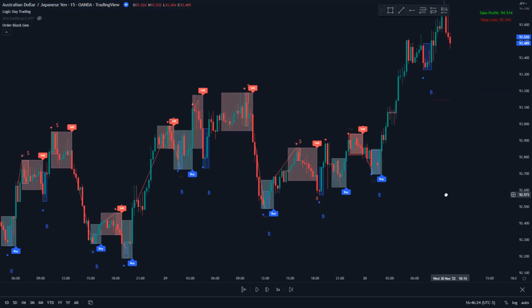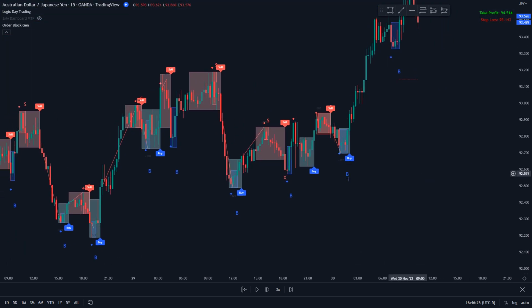And actually, I'll just show this by one. The logic day trade, now as I turn off the order block, the logic day trade will typically find higher or wider zones. Now, it's telling you typically this high or this low is going to hold and can be traded from.